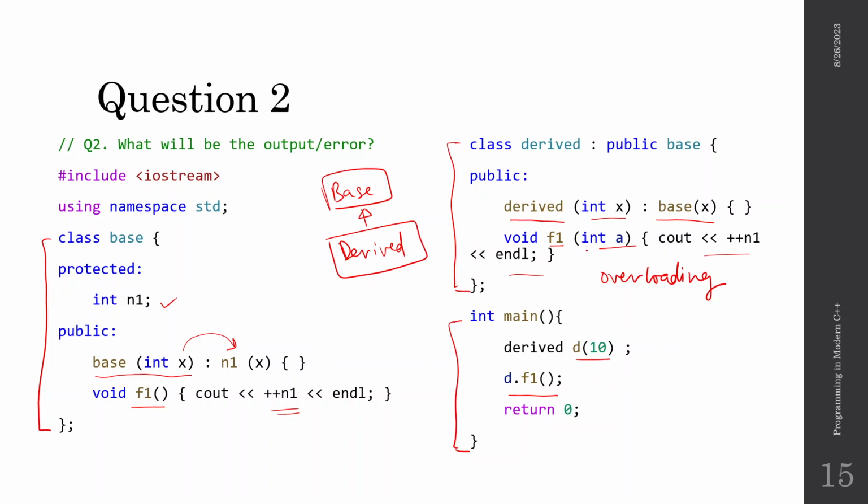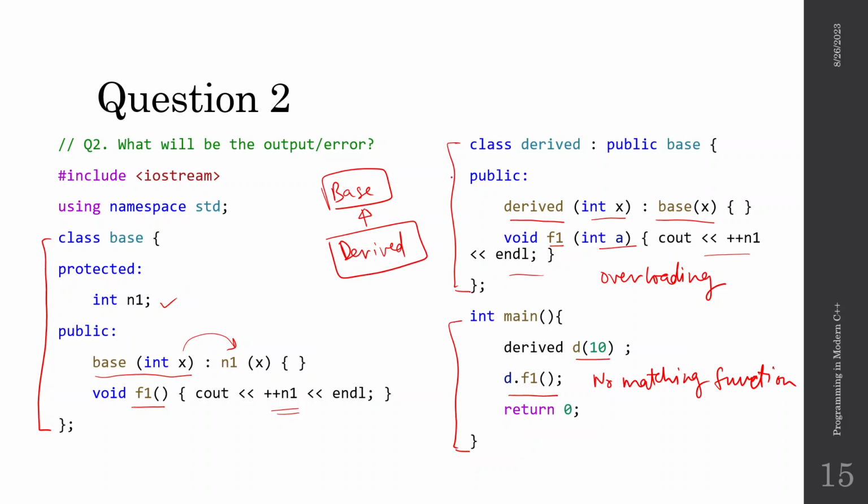Since it cannot find it in the derived class, it will return a no matching function error, because there is no f1 function without any arguments. So the function signature does not match.